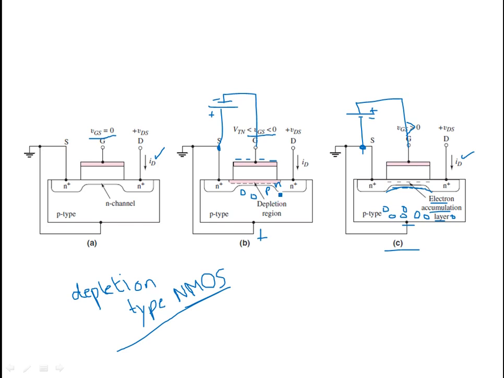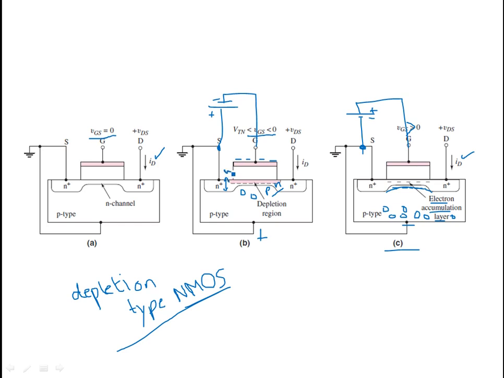Owing to the reverse biasing of the junction, a depletion region gets introduced in the channel, and it reduces the width of the channel. The channel width reduces, so it chokes the channel.